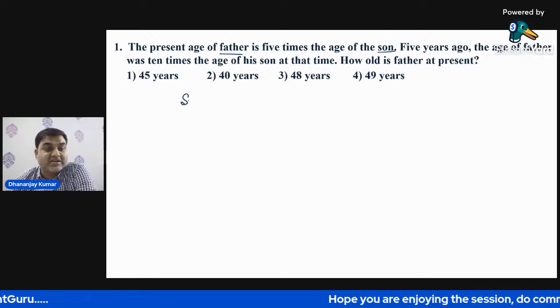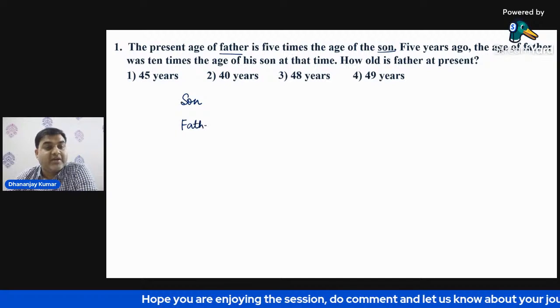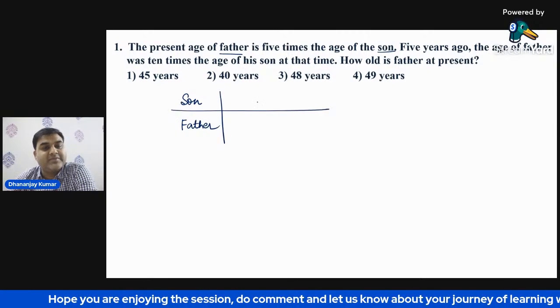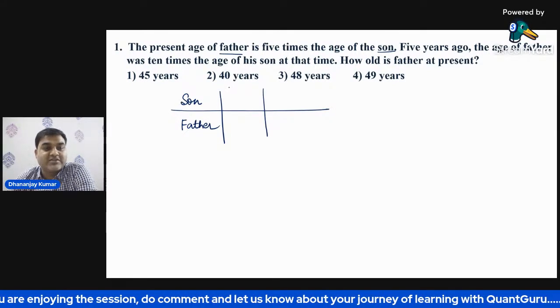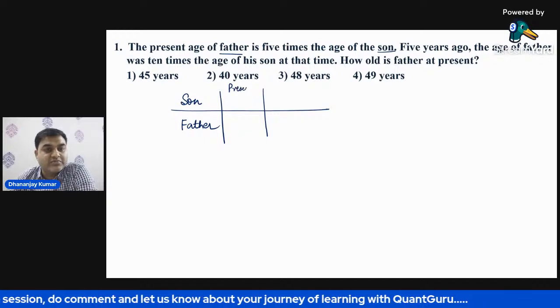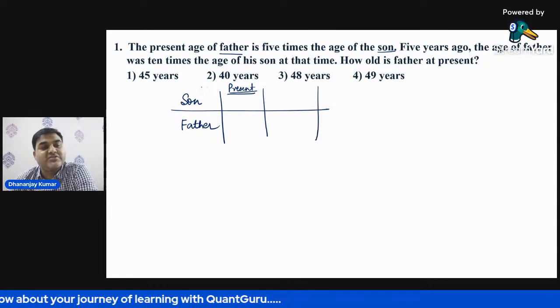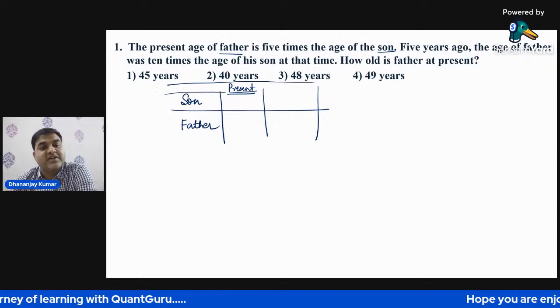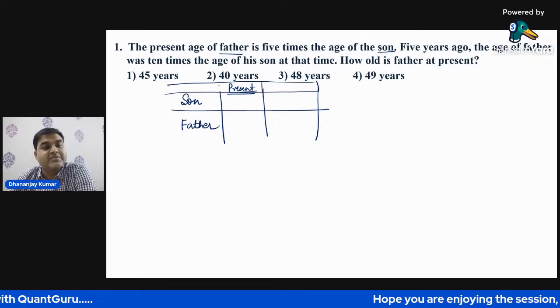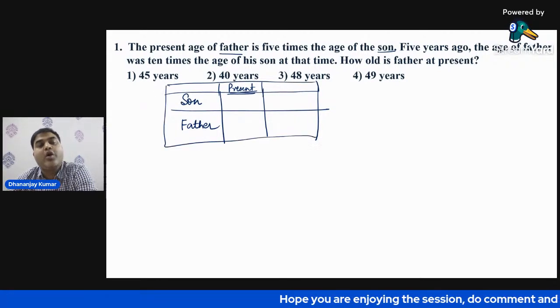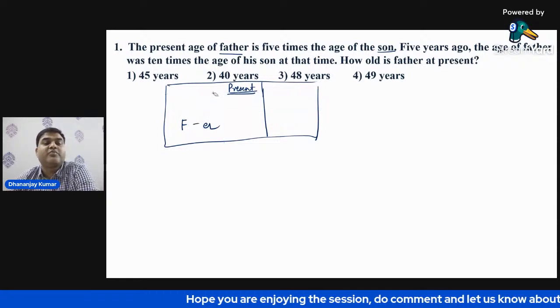Write son first, then you write father, and then make a table wherein you write present age, and then past age or future age we will write. Make this table. This will help you a lot. Let's see how I do it.